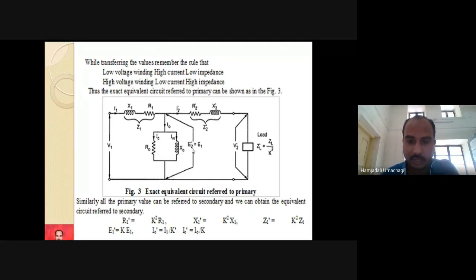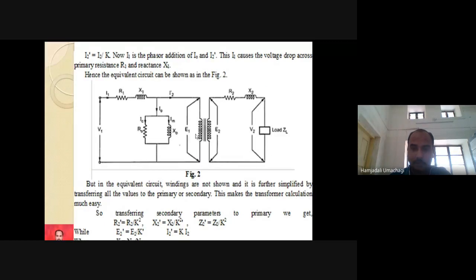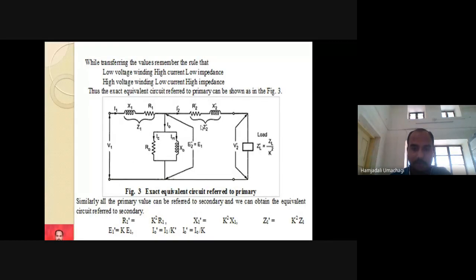For that sake only, E1 is equal to E2 dash is represented here. Now this core part is absent here. And this circuit we call the exact equivalent circuit referred to primary, meaning all secondary parameters I have transferred to the primary.